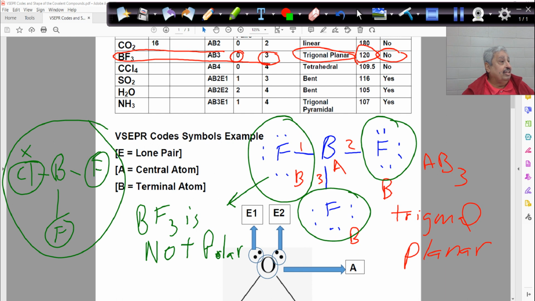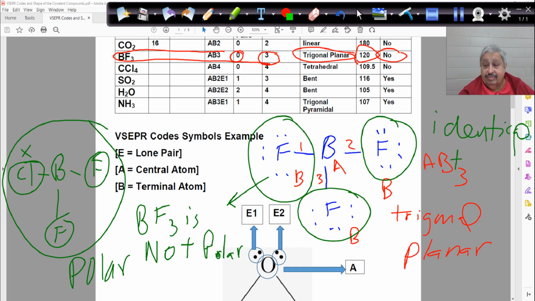As soon as you have one atom that is not identical, then there will be polarity there. The molecule is polar. This is polar, not identical. Here, all the terminals are identical. So, non-polar.